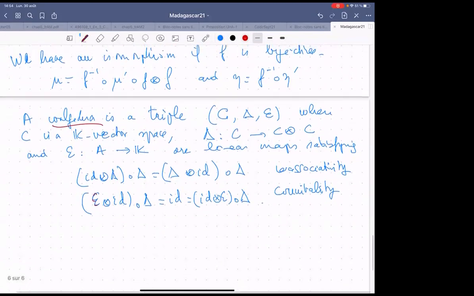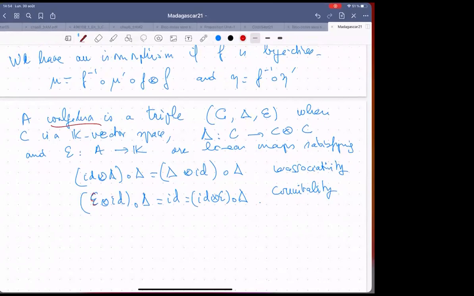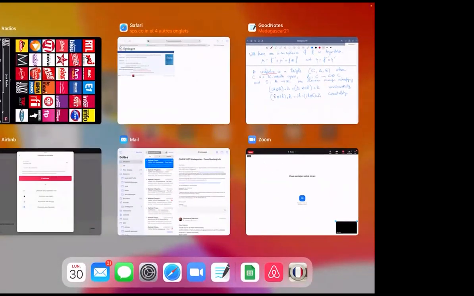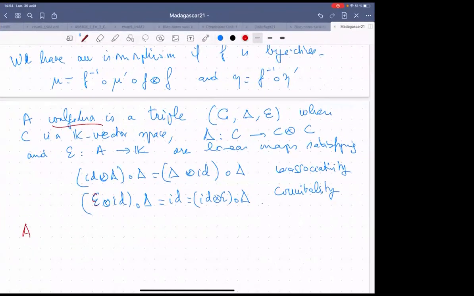Now we have to put together algebra and coalgebra to get what we call a bialgebra.